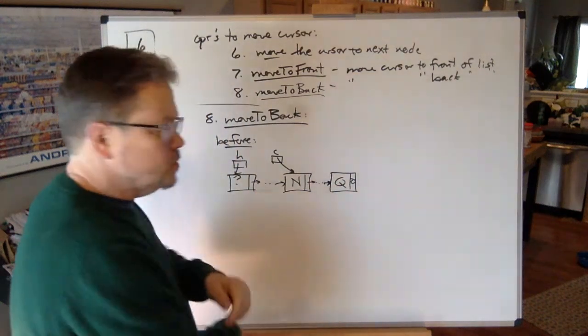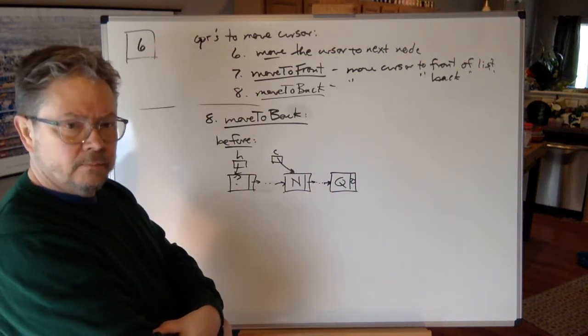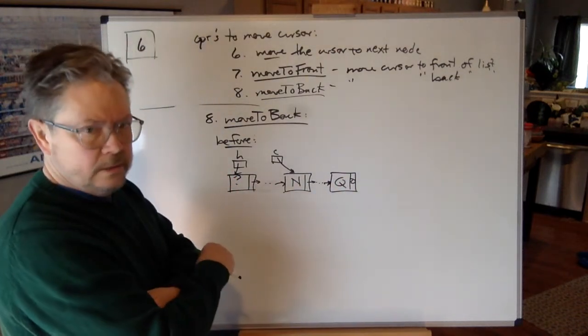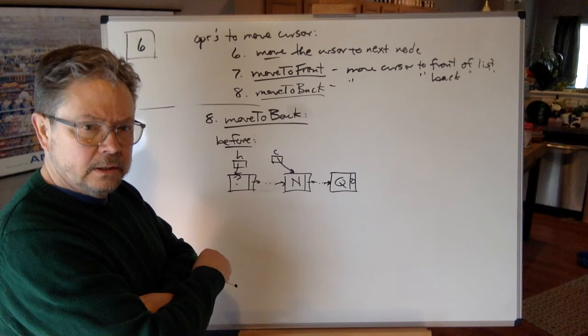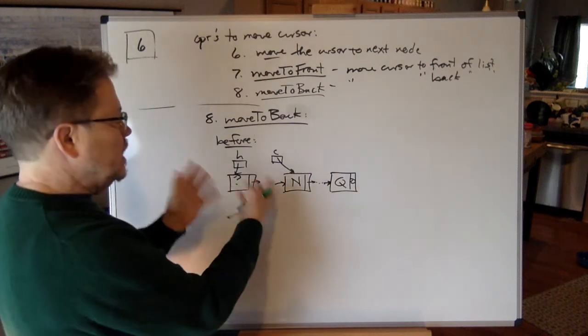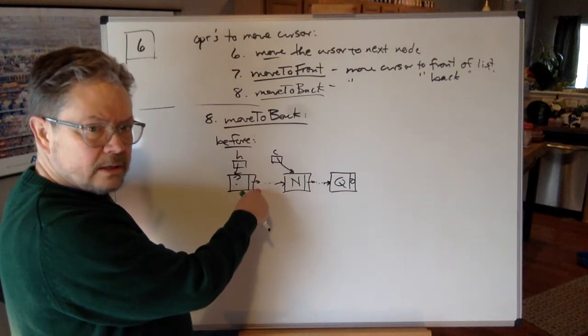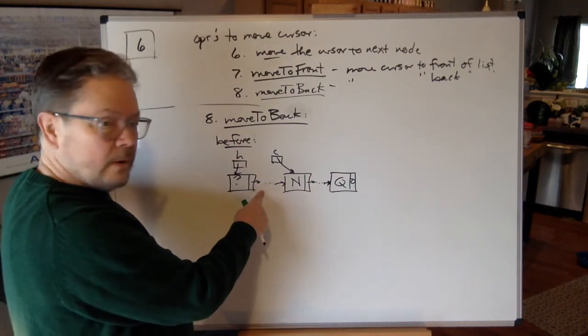And we're going to be using the cursor for both those operations. If we put things in the back, the cursor's got to move all the way to the end before we're ready to insert anything. And then we've got to turn around when we're ready to get somebody off the front of the line. We come over here to the first real node in the list and take that one. So the cursor's going to have to move up there.